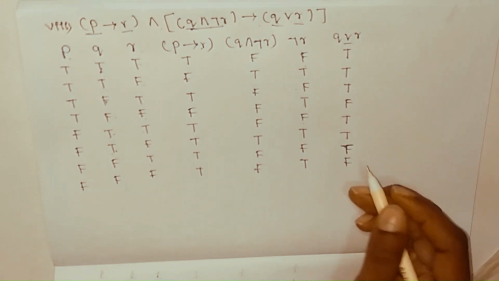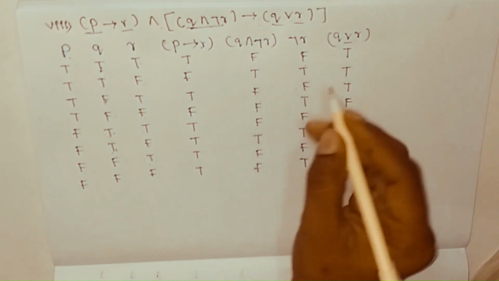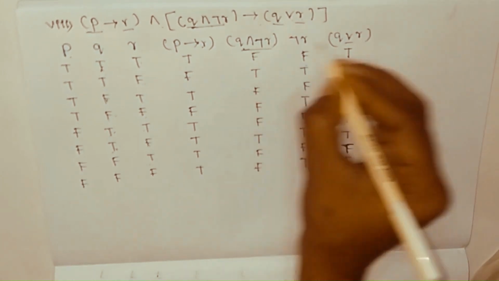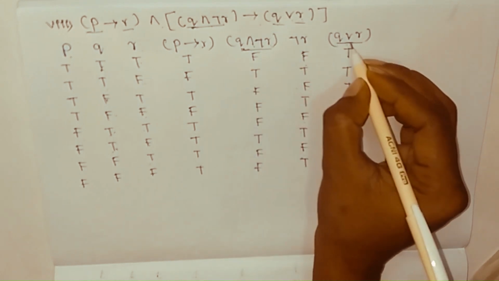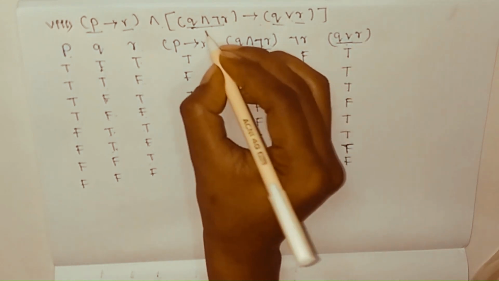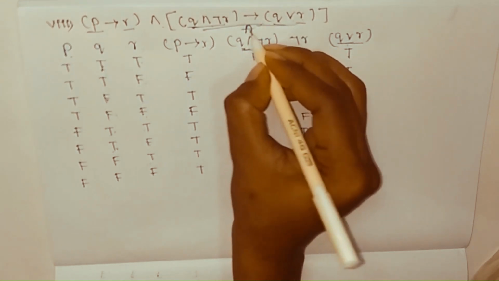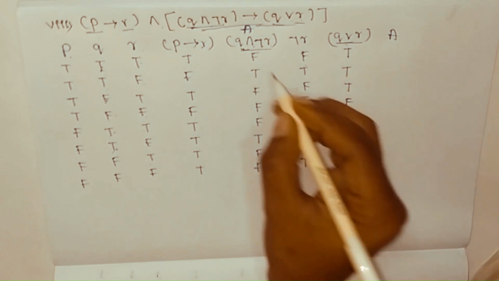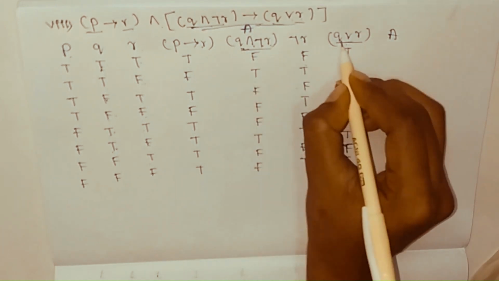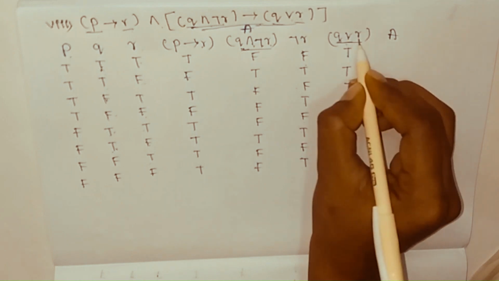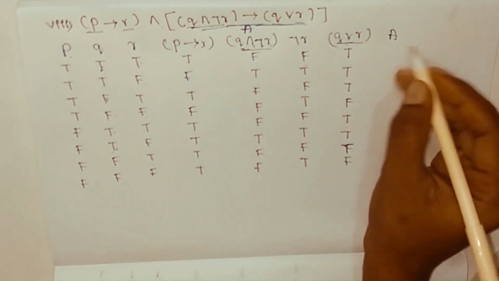Now we are applying implication to these two, Q and negation R implies Q or R. Let us consider this as one variable, which is A. A is nothing but Q and negation R implies Q or R. We are considering this as the variable A.